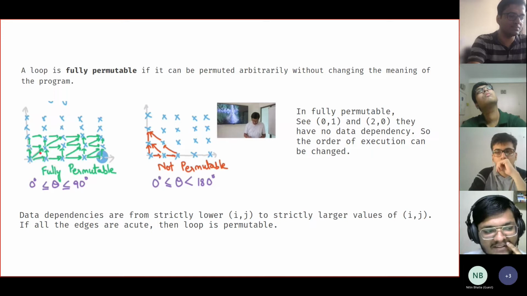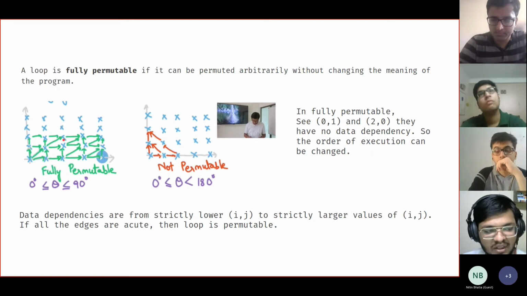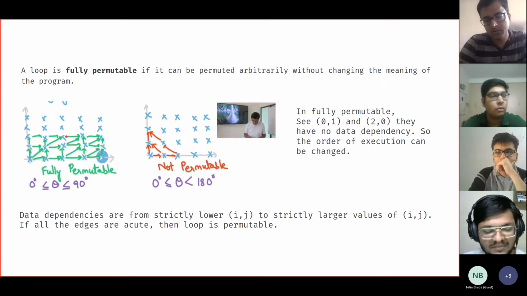For the dependency edges that are between 0 and 90 degrees, when you swap the axes, the execution order is going to remain the same.